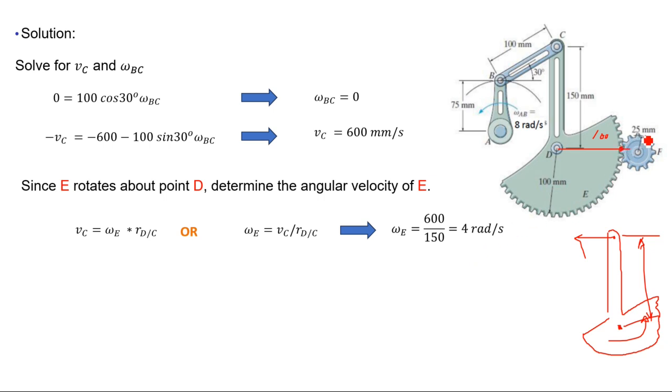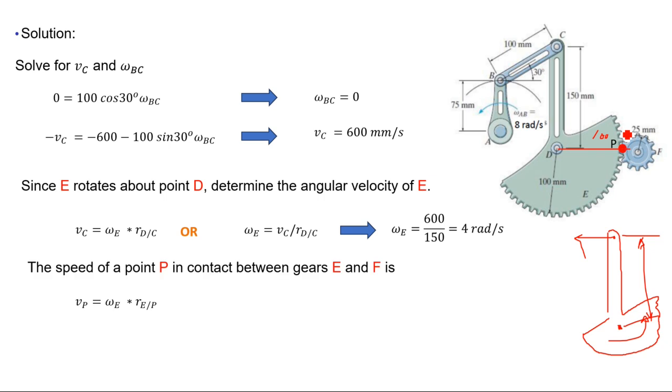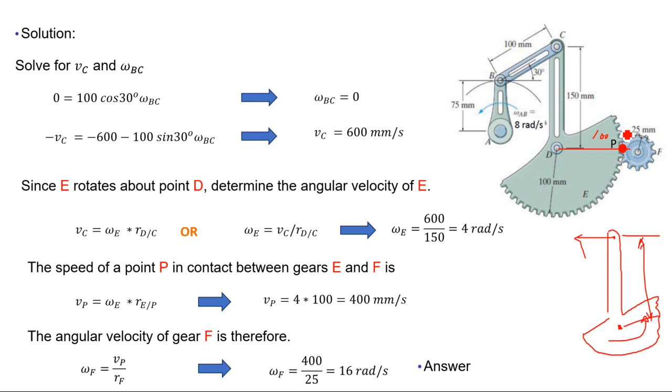That's VP, 400. Dividing that by 25 gives the omega of gear F equal to 16 radian per second. So that's it for this example.